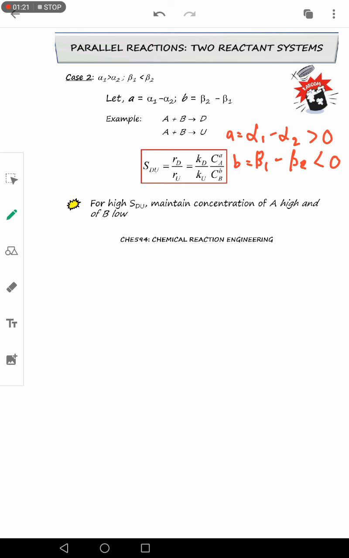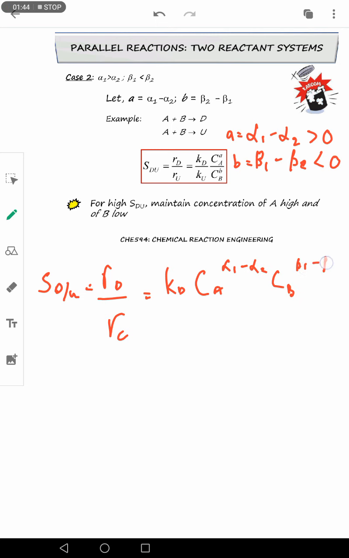So for case 2, kita akan lihat selectivity dia akan jadi, kalau awal kita tengok alpha 1 minus alpha 2, then CB beta 1 minus beta 2, but because alpha 1 minus alpha 2 is more than 0, beta 1 minus beta 2 is less than 0.